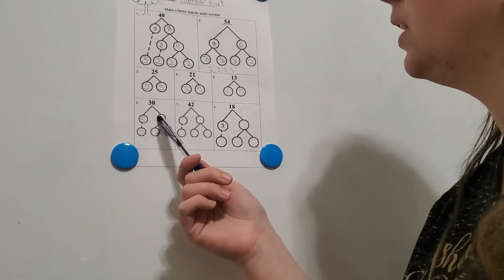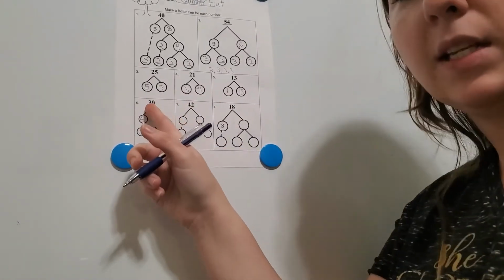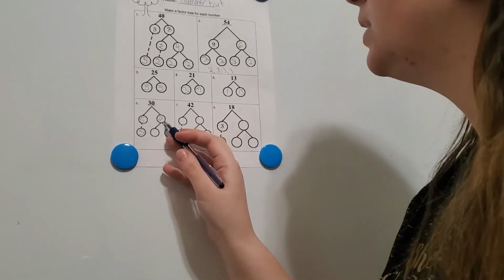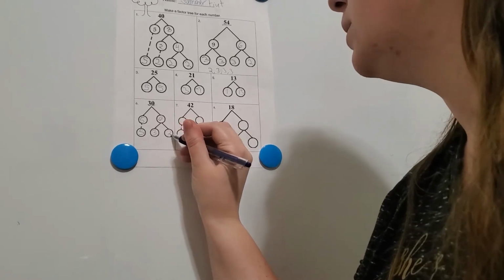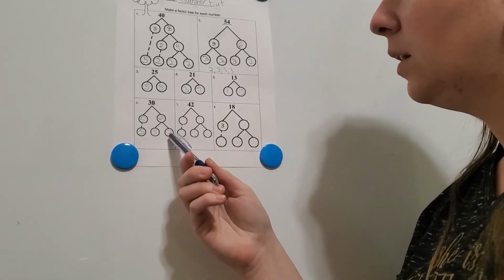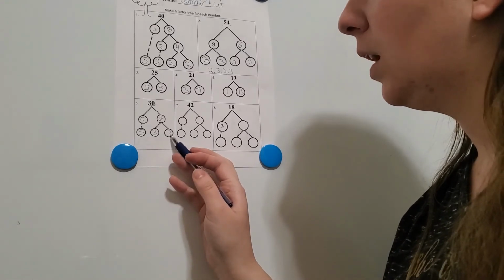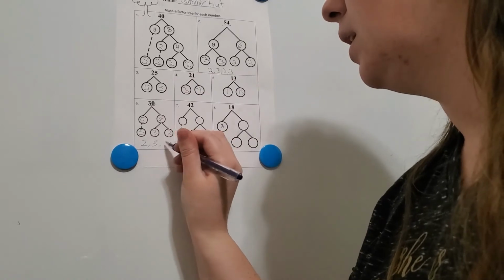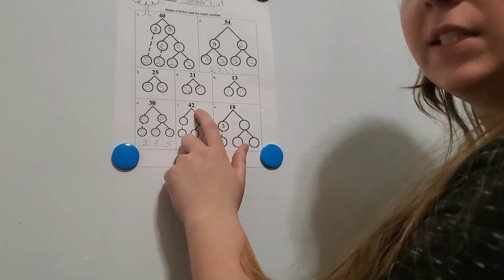Another factor of 30 is 6. We also know that 5 times 6 is 30. So the factor 6 can be broken down as 3 times 2. 3 and 2 are both prime numbers, so we leave those at the end, and our answer would be 2, 3, and 5.